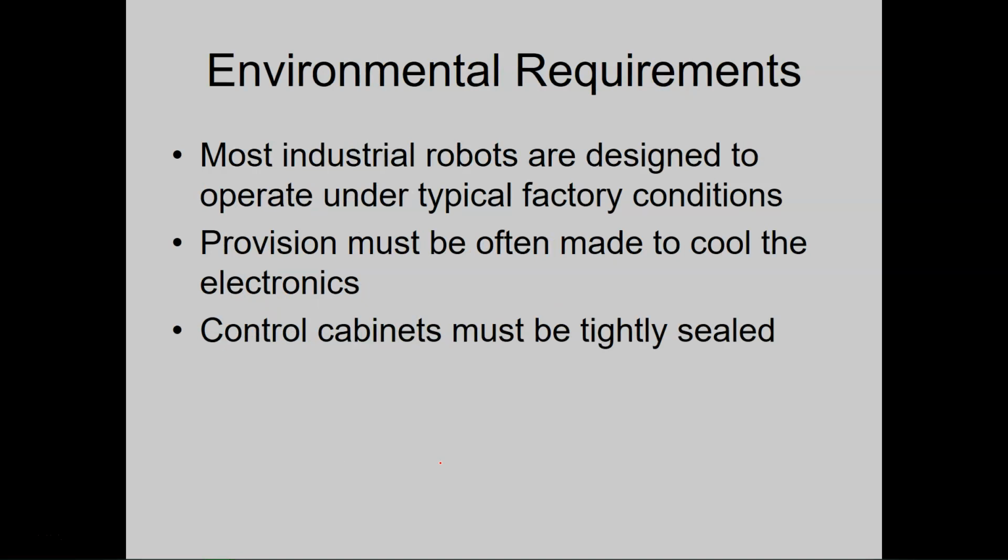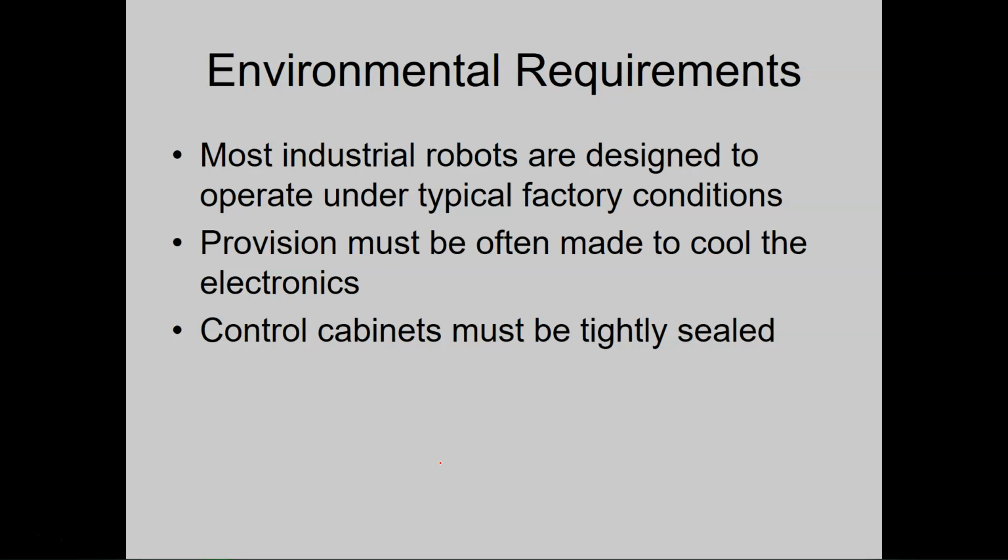Environmental requirements. Most robots are designed to operate under typical factory conditions. You have to make provisions to cool the electronics because heat plus electronics are not a good mix. If you have a robot working in some place that's hot, let's say you're in a foundry or a smelting, someplace where they do smelting or make glass and things like that, you're talking thousands of degrees in heat.